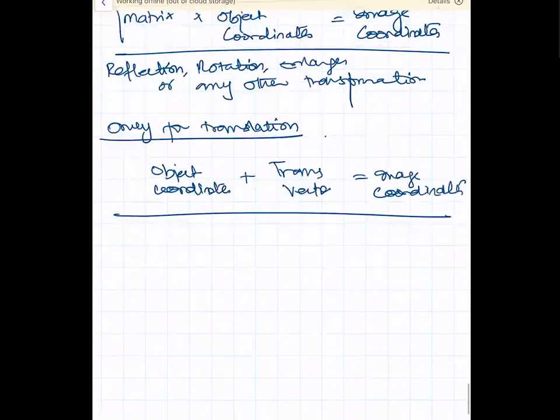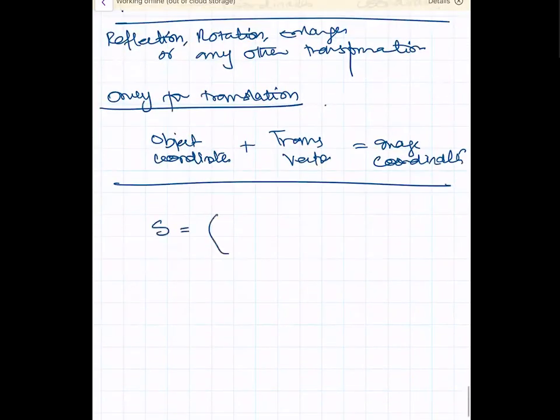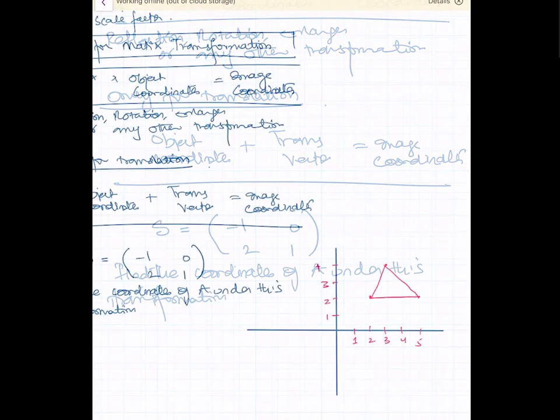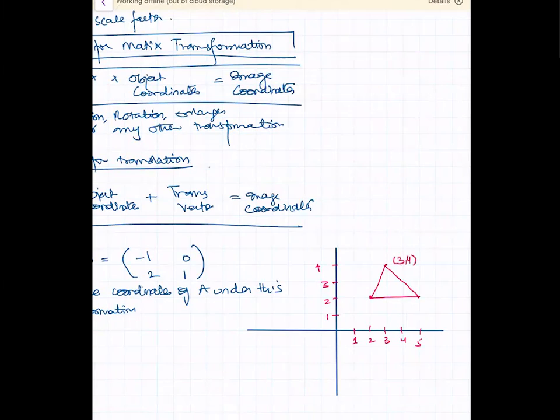So let's suppose S is a transformation matrix minus 1, 0, 2, 1. Find the coordinates of A under this transformation. I'll just make A right. So the first coordinate is 3, 4. These are not column vectors.